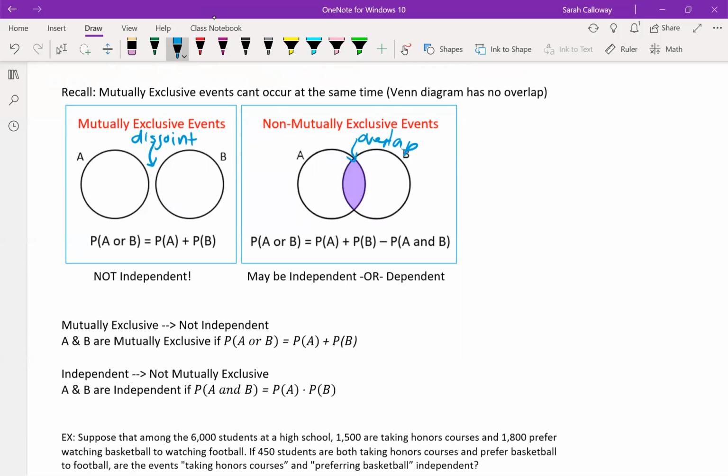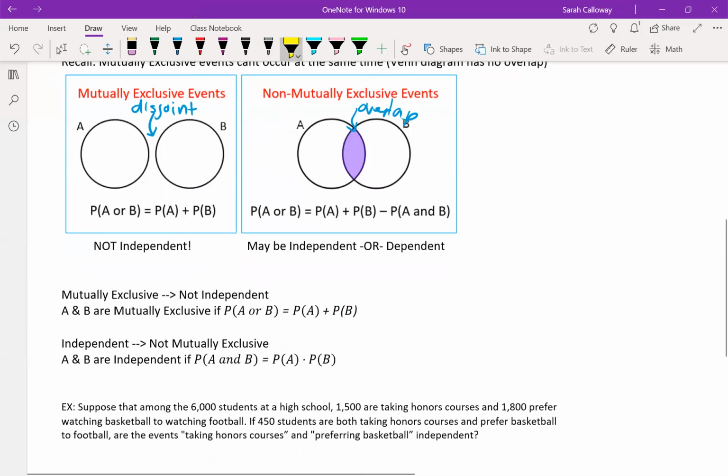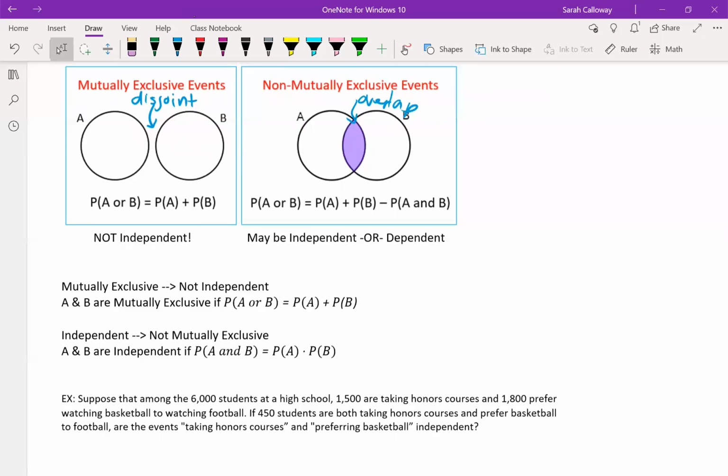So that means that the addition rule for mutually exclusive is missing that minus the probability of A and B occurring at the same time, because that value is 0 since they're disjoint. So know that if something is mutually exclusive, it is not independent, and vice versa. So those two things are mutually exclusive from one another as well.